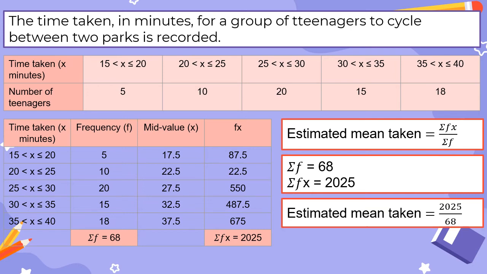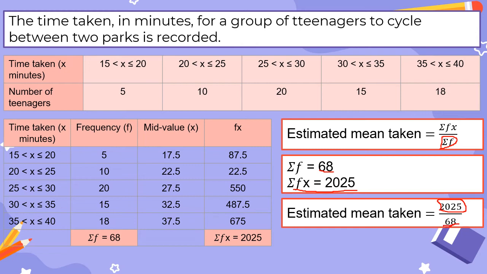So substitute: summation of f of x is 2025, and summation of f is 68.